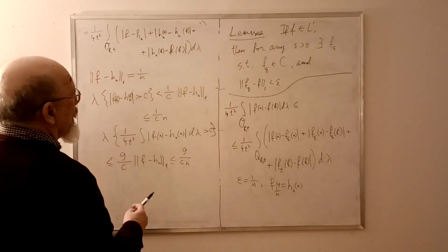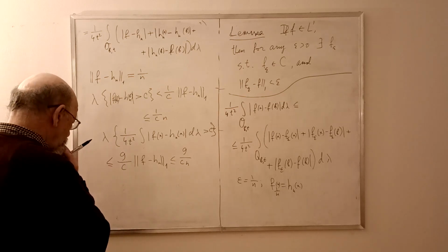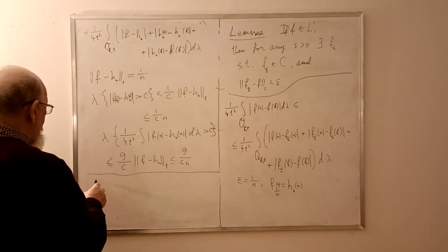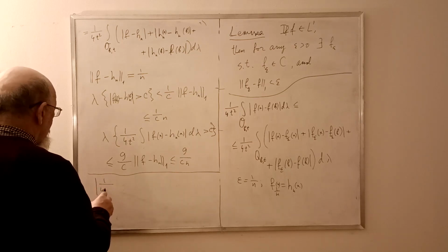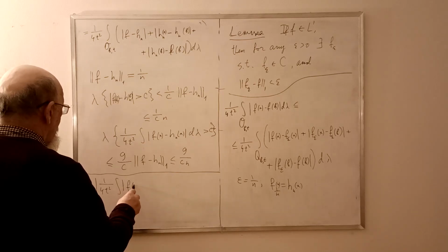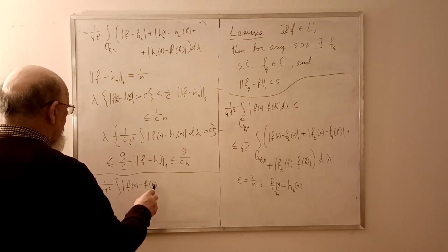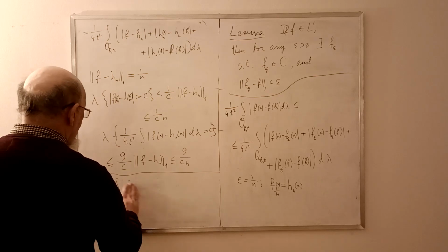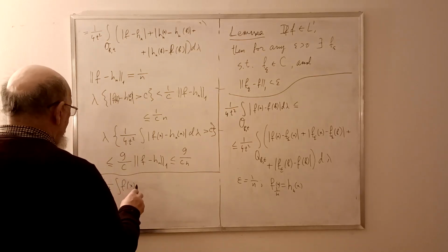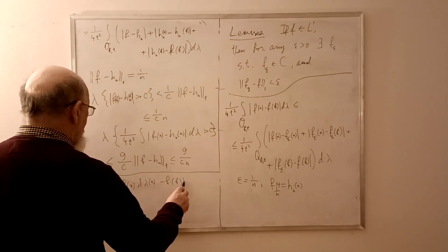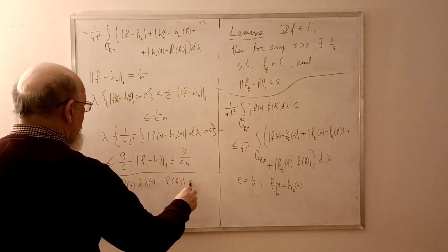So this means that after all, we have 1 over 4t square integral of modulus f of x minus f of b, d lambda of x.